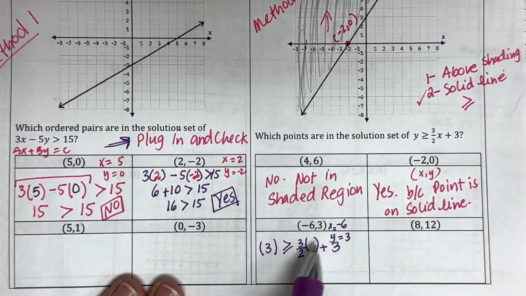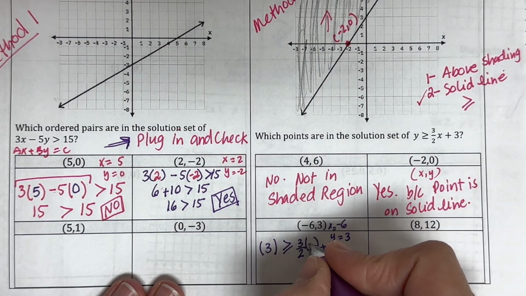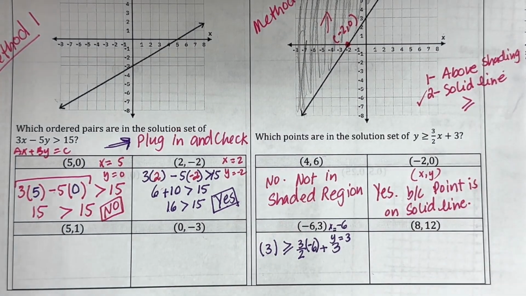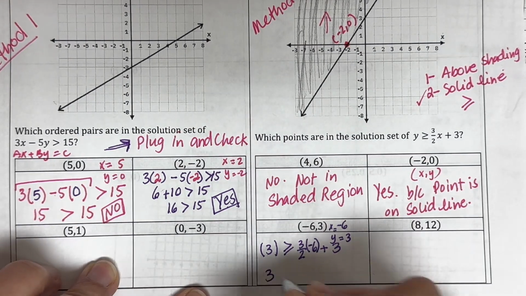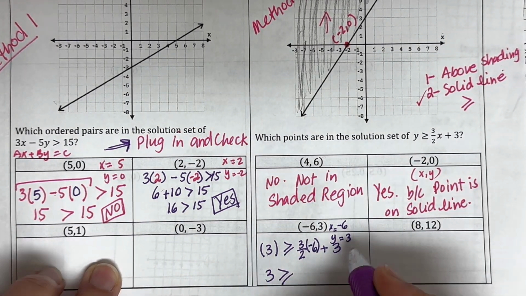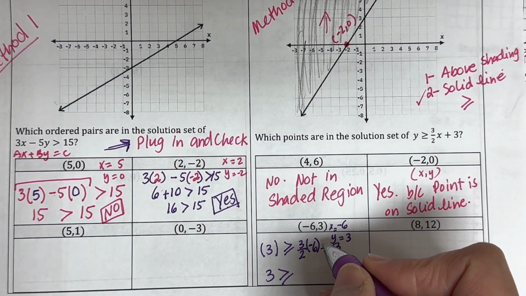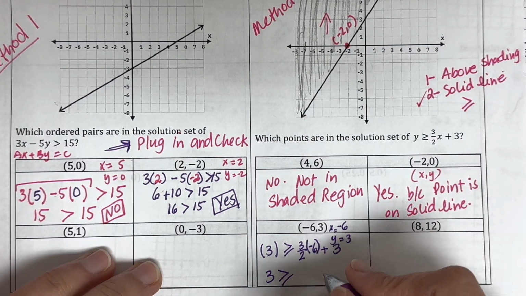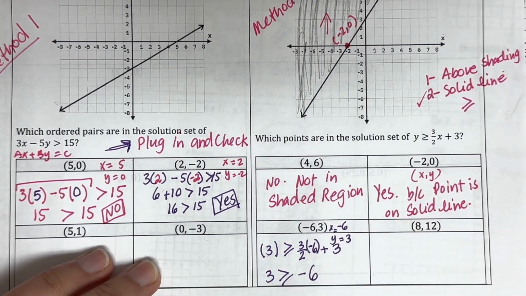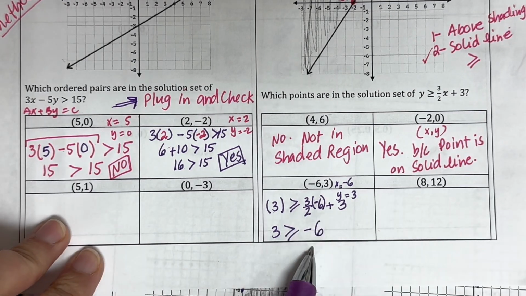You replace the numbers, and now you can use the calculator to figure out the other side. If I'm multiplying this, what should I have? -18 over 2, that's -9. -9 plus 3 is -6. So I solved this part, it is -6.